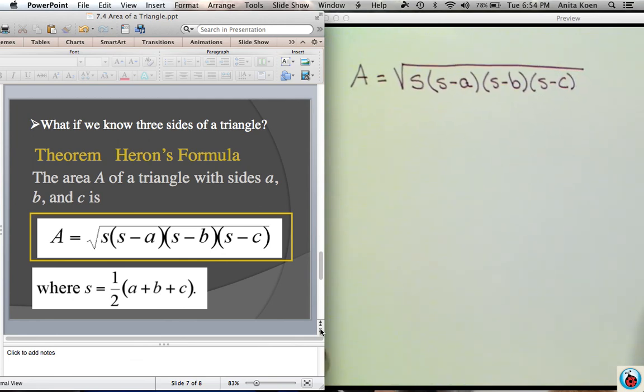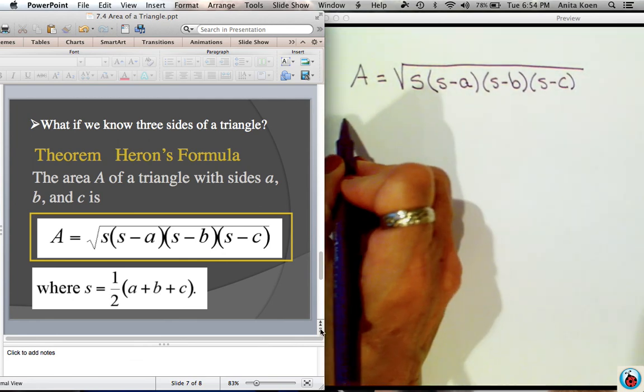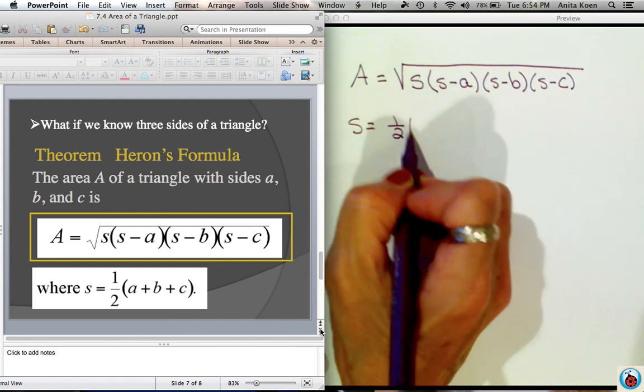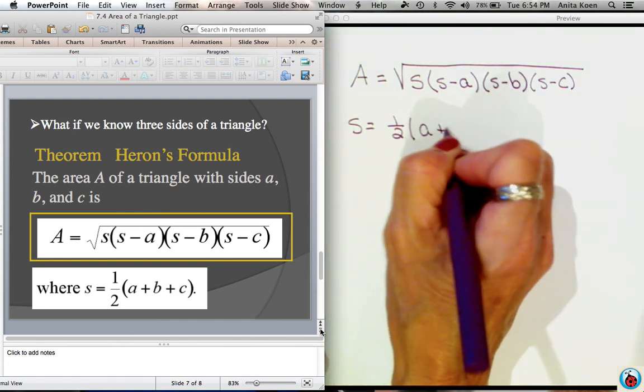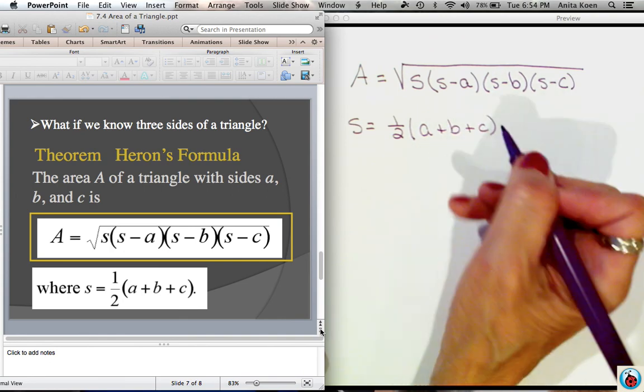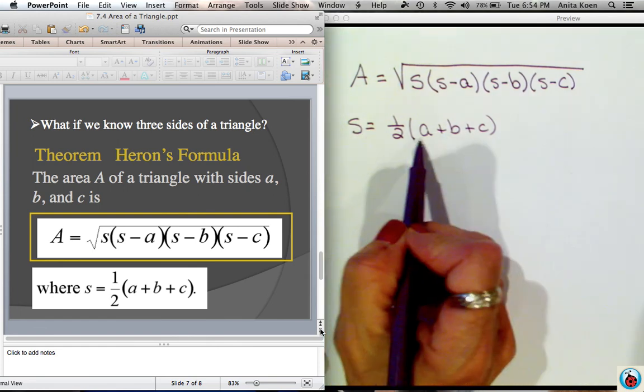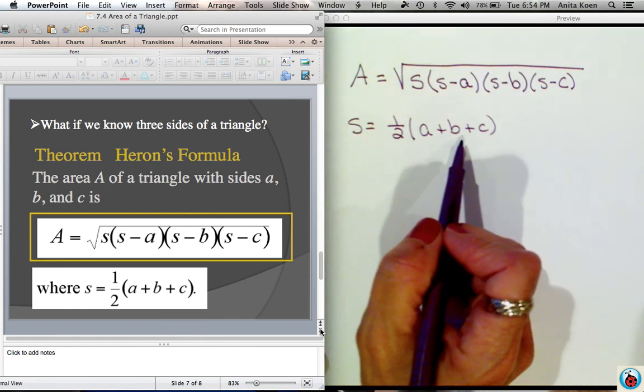This is Heron's formula. Well, what is s? s is 1/2 of the perimeter of the triangle. And the perimeter of the triangle, obviously, is a plus b plus c. So s is 1/2 the perimeter of the triangle.